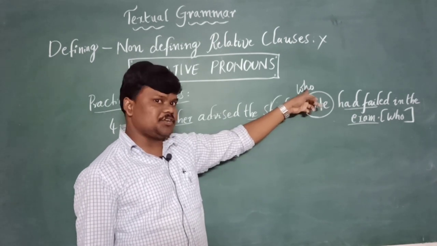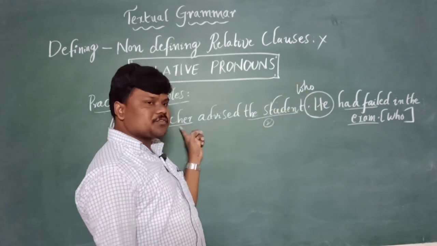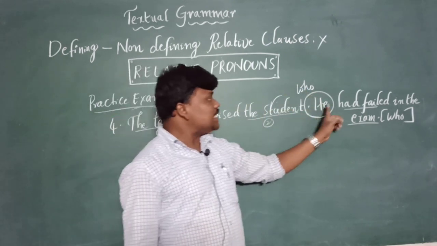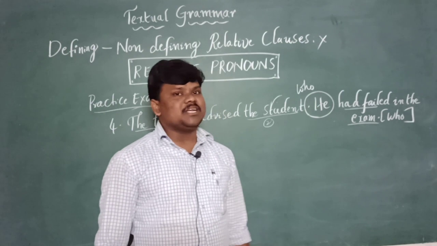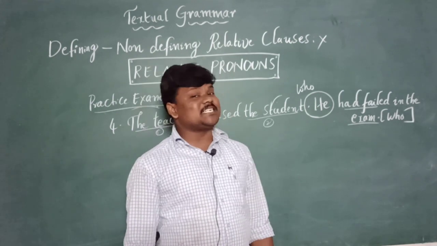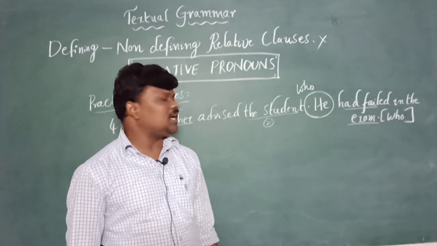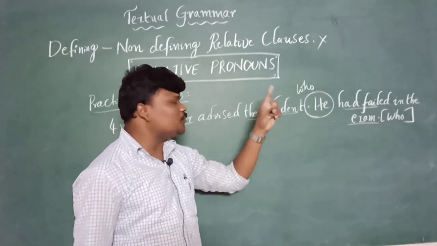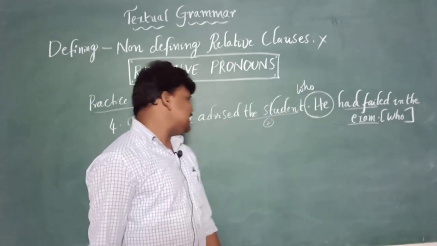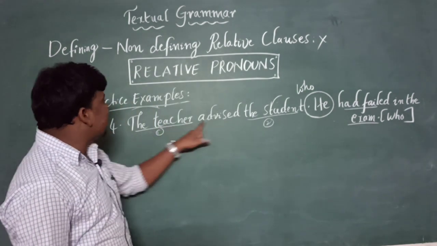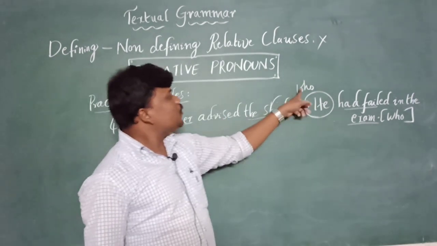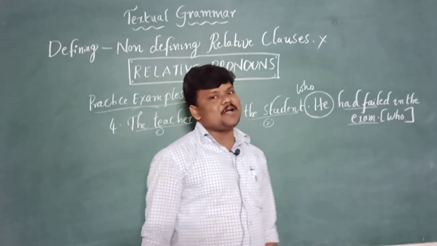If you are unable to tell which is the first and which is the second person, go by the second sentence. The second sentence depends on somebody; identify that person, and that person immediately follows who. Right? Yes. The teacher advised the student who had failed in the exam.